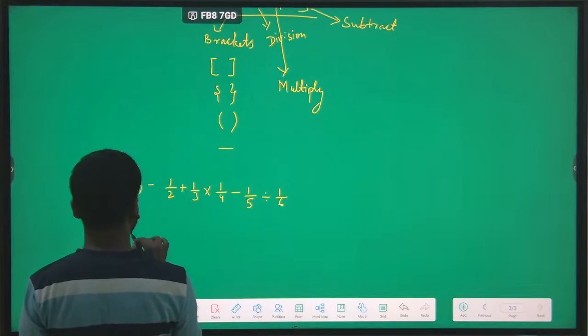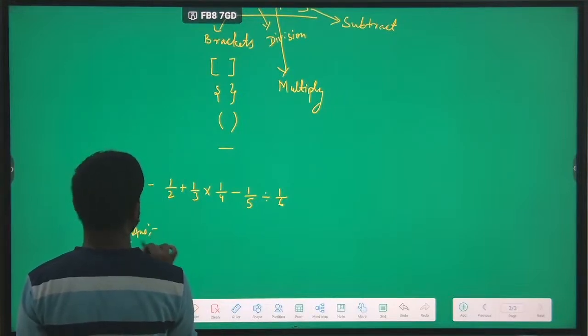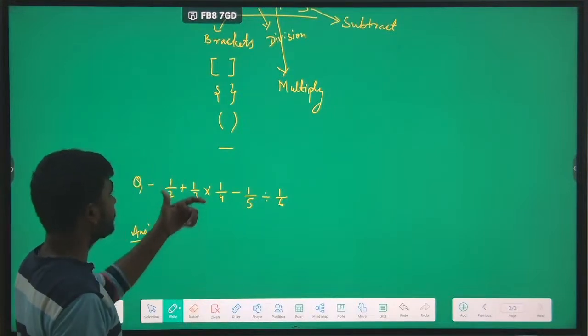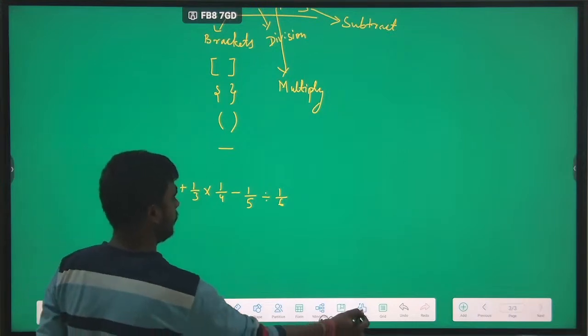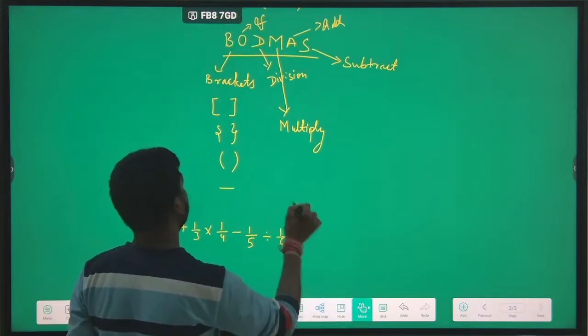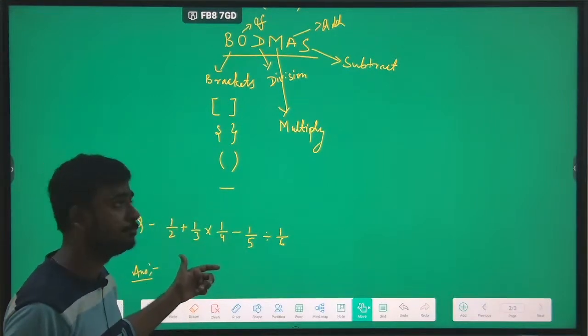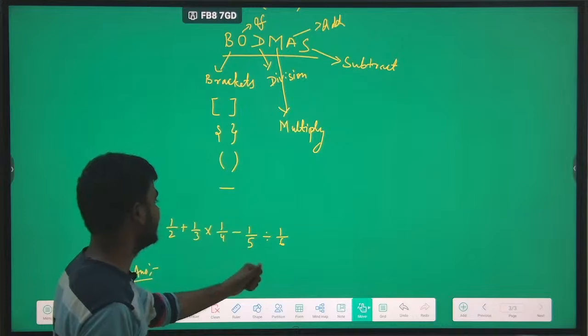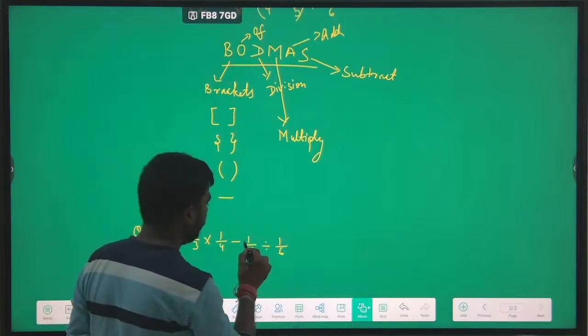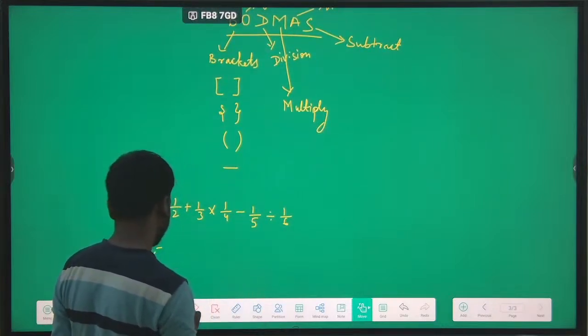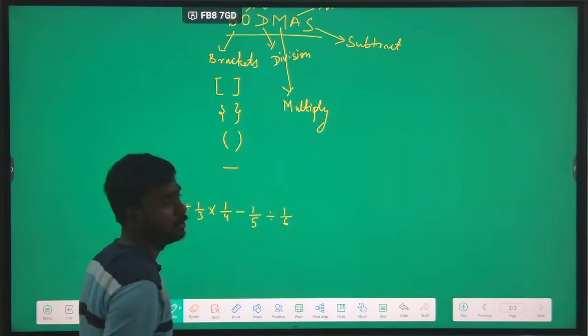We will use BODMAS here. So, for BODMAS, what is our first thing? Brackets. Bracket is not here. Off is not here. Division. Division is here. So, first of all, we will divide these two terms.